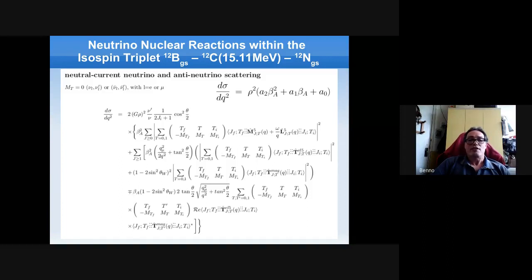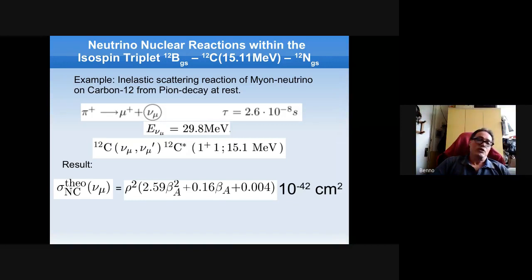When we do these calculations, we end up with a theoretical neutral current cross-section of these muon neutrinos, and here you see the values of the theoretical prediction for this reaction. This means that if we have 1 neutrino coming into the detector, we need 2.7 times 10 to the 42 carbon nuclei on the trace of this neutrino to observe 2.7 reactions.